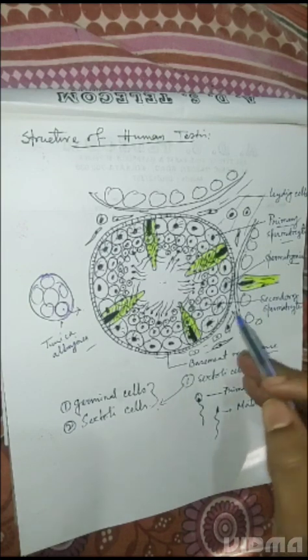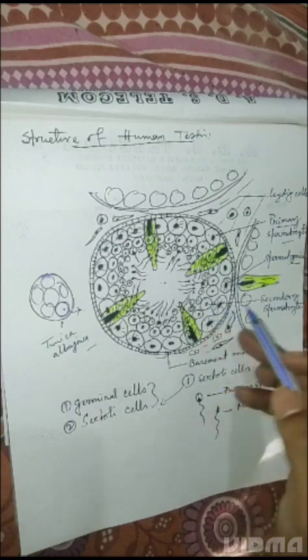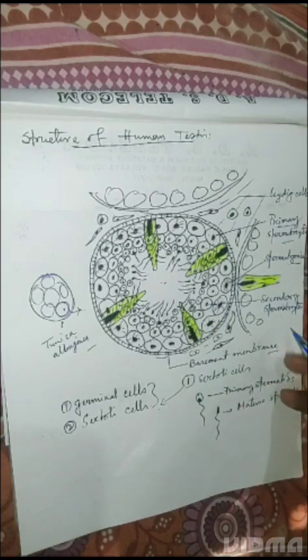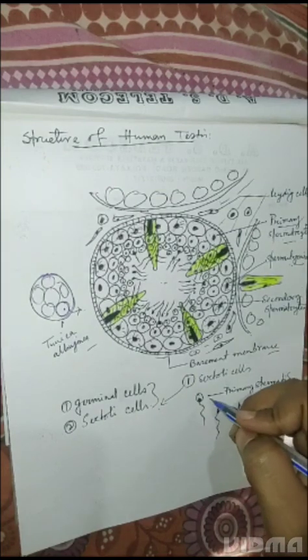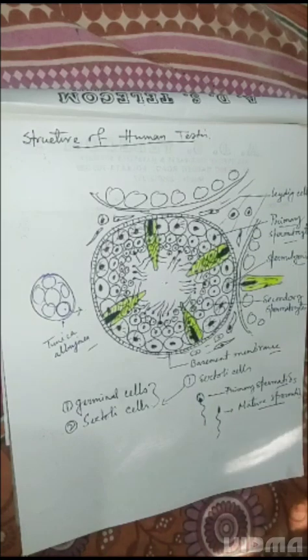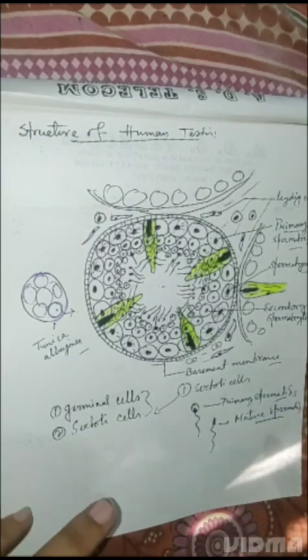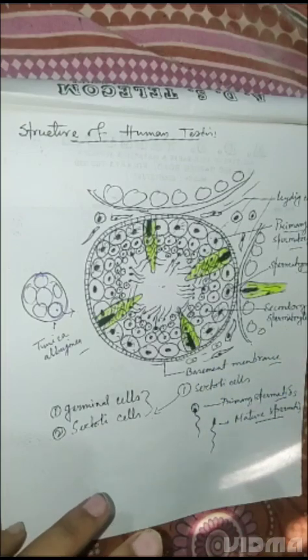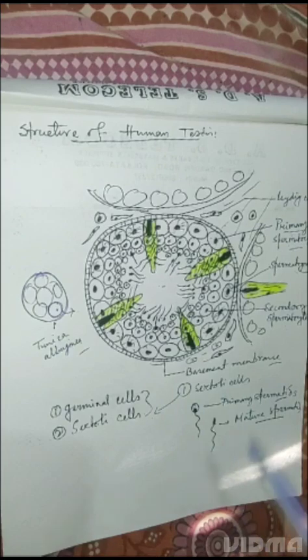Then again, secondary spermatocytes develop step by step, gradually forming primary spermatids. Then the primary spermatids again develop into mature spermatids, and in between each seminiferous tubule, this whole thing is called a seminiferous tubule.